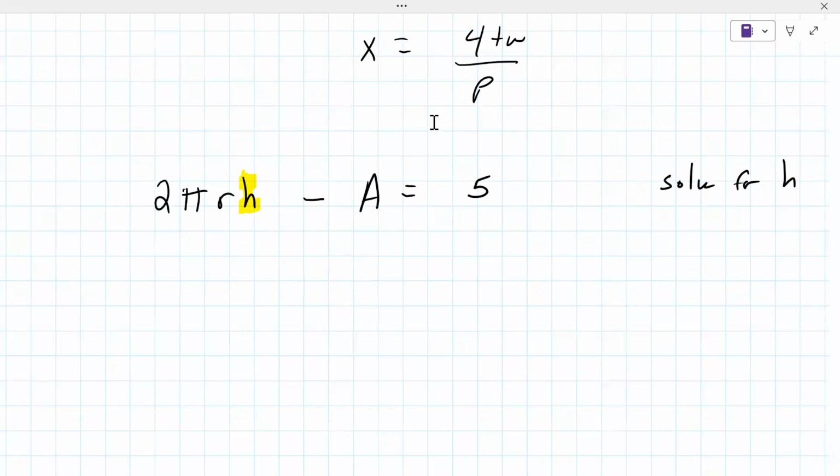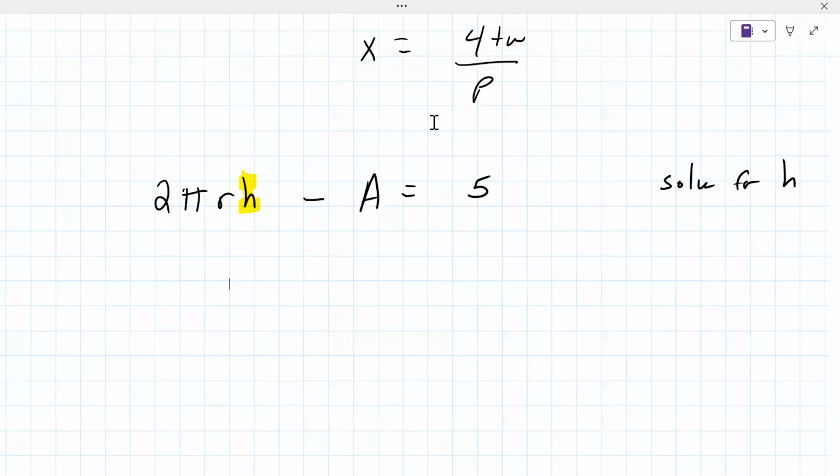We would add a to both sides, and then we would get 2 pi rh equals 5 plus a.